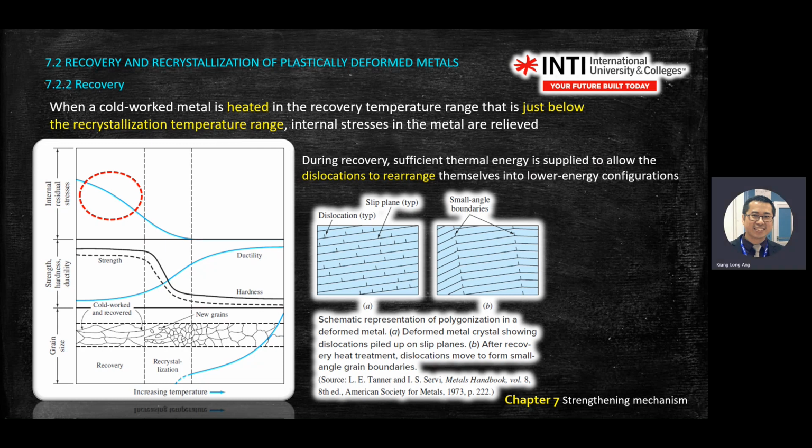So let's say on the diagram, this small little line here is the dislocation. After reheating the metal, the dislocations will find space to rearrange. It becomes more tidy.